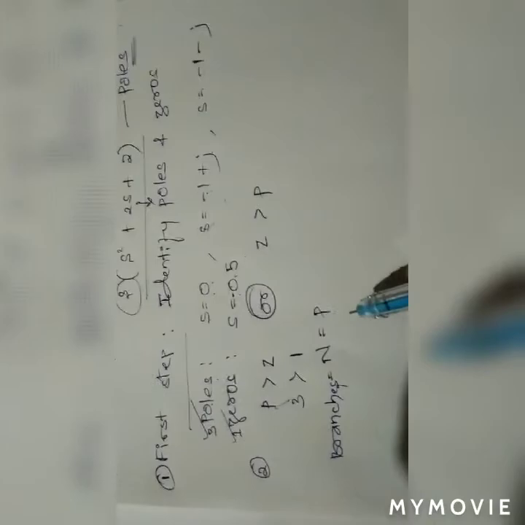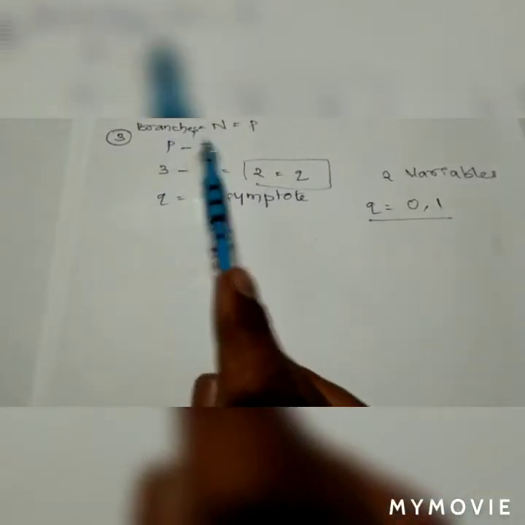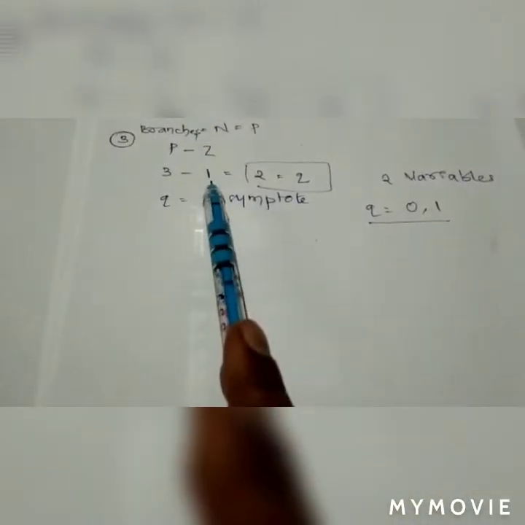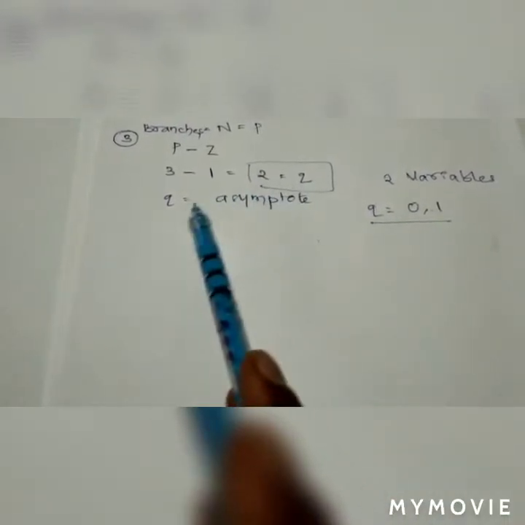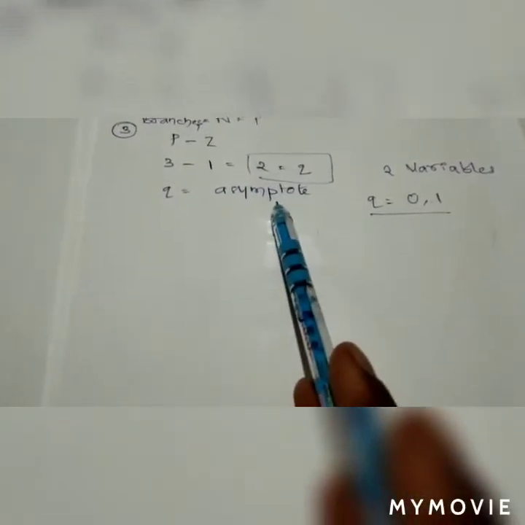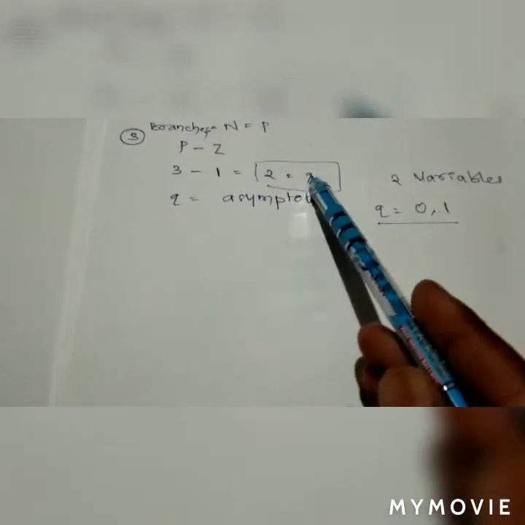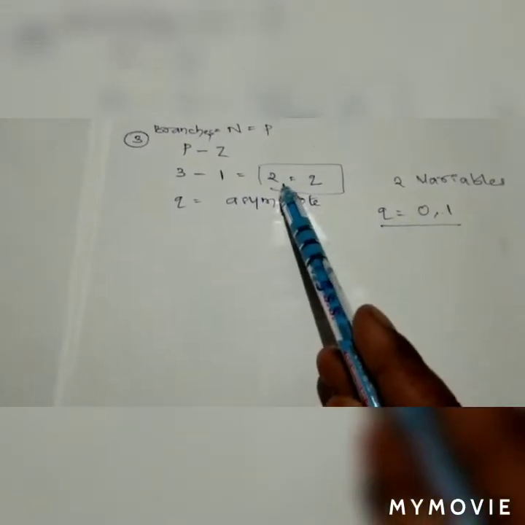So this is the second step. P minus Z, that is 3 minus 1, 3 poles, 1 zero, 3 minus 1 is 2, which is equal to Q. Q is nothing but the asymptote count, which is the next step. So Q is equal to 2.